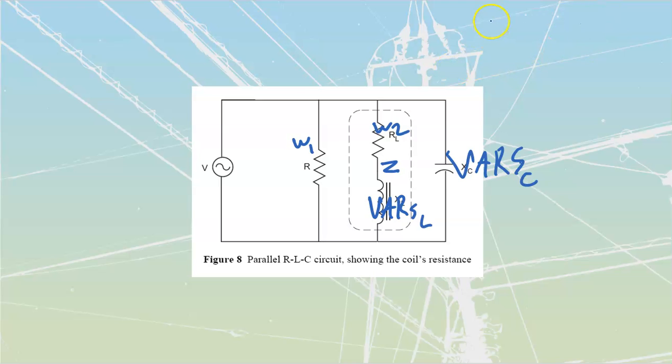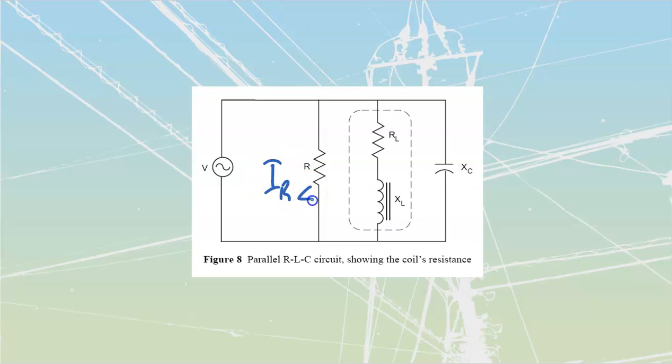The other way that this circuit is solvable is to find my values of current that I'm going to have. So for this one over here, I know that it's fully resistive, so it is going to be IR at an angle of 0 degrees. This one over here is going to be IC, and it is going to be at an angle, right?